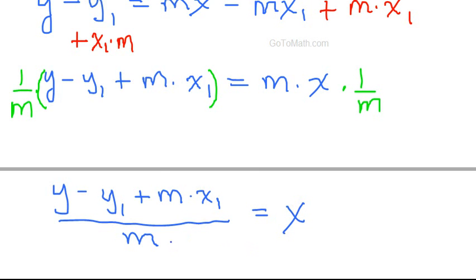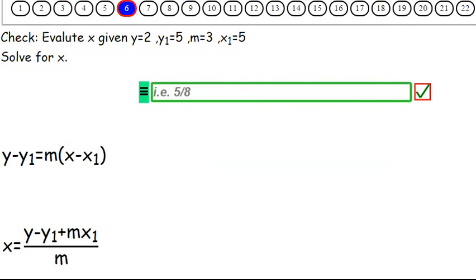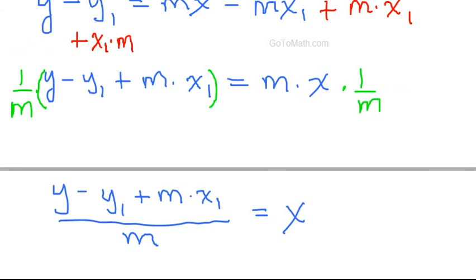Okay, y minus y sub 1 plus m times x sub 1 over m. Let's see what happens here. y minus y sub 1. Alright, I believe, of course, the x is over here, but it doesn't matter. I'm writing it in more of a standard form. y minus y sub 1 plus m x sub 1 over m. I think that's what we had, wasn't it?